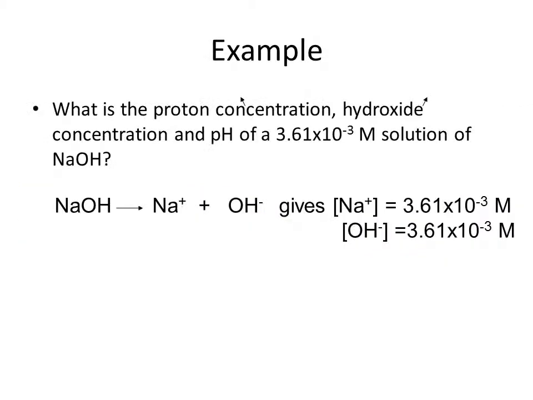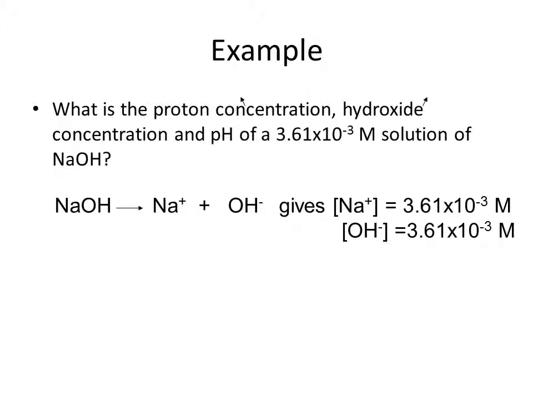Let's look at an example of how we can relate all these things together. Here's a problem that says, what is the proton concentration, the hydroxide concentration, and the pH of a 3.61 times 10 to the minus 3 molar solution of sodium hydroxide? The first thing that we need to do to figure out anything is we need to know what's going on inside solution.